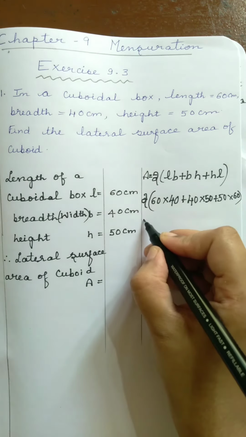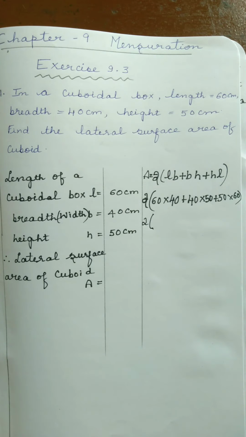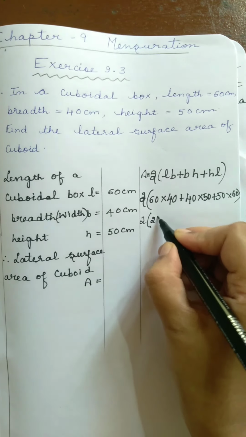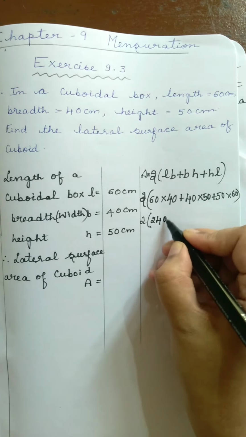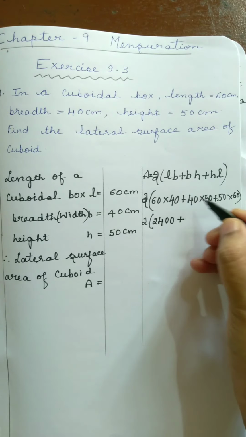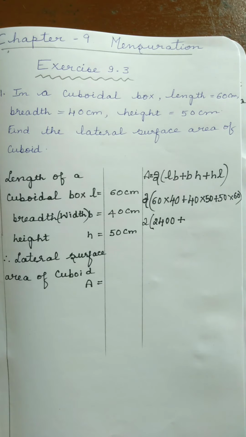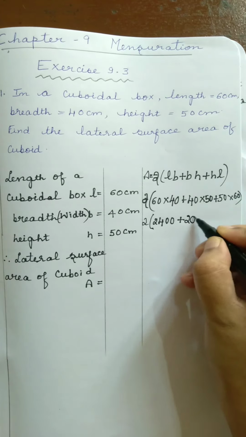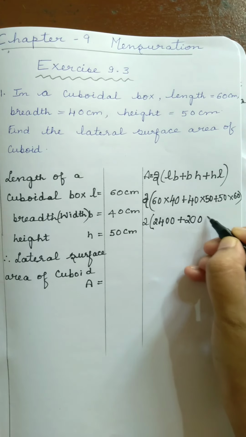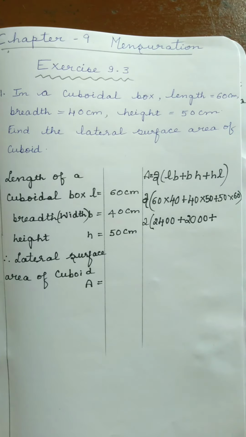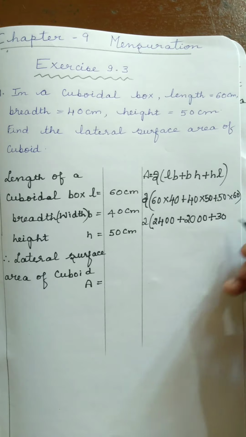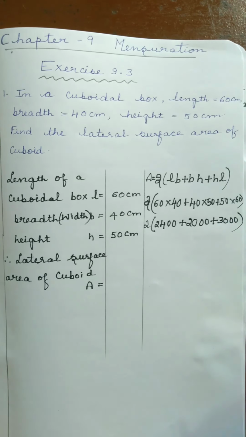On further simplification, 2 into 6 fours are 24, put 2 zeros, plus 40 into 50, 5 fours are 20, then take 2 zeros, plus 50 into 60, multiply 5 into 6, that is 30, then put 2 zeros.